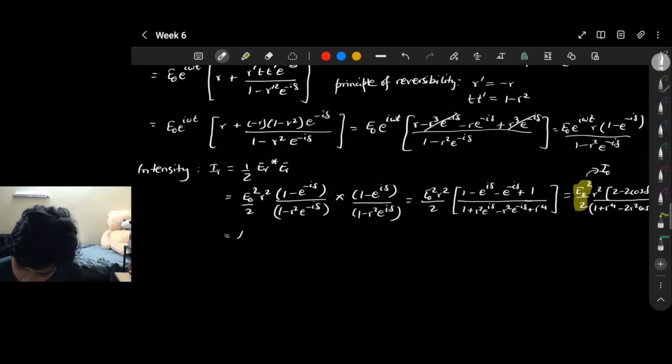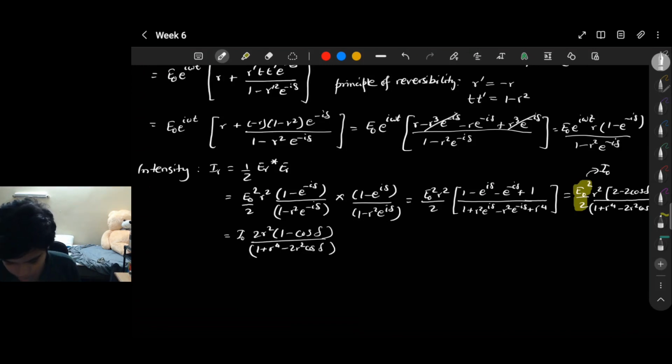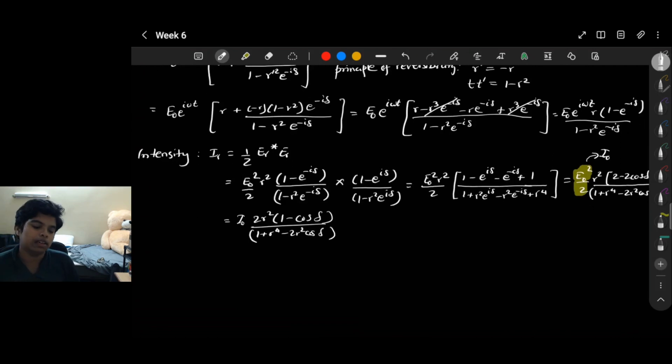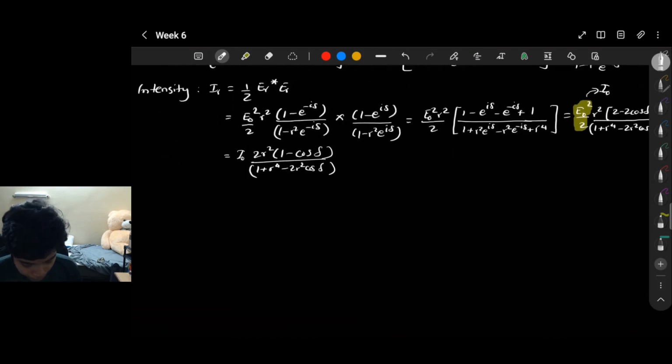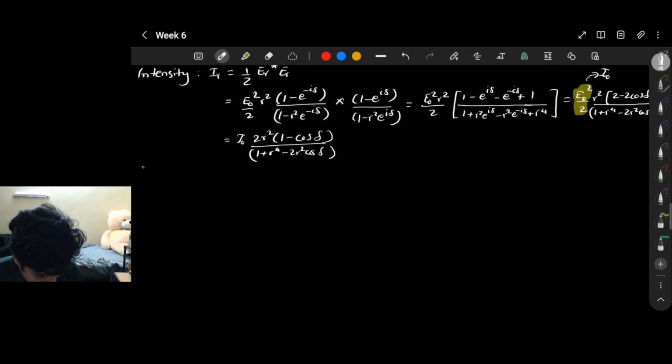So this is I naught 2 R squared (1 minus cos delta) over 1 plus R to the power 4 minus 2 R squared cos delta. So this is the intensity for the reflected beam. Similarly, we can find out the intensity for the transmitted beam.